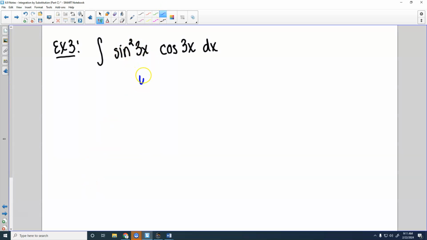Alright, so u for this one is going to be sine of 3x. What is du going to be? Nope. Cosine of 3x, not over 3, times 3 with a dx over here.